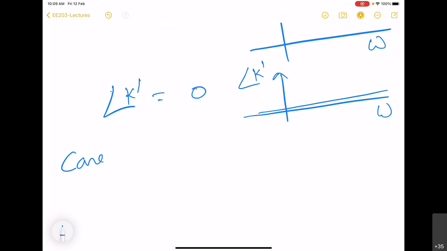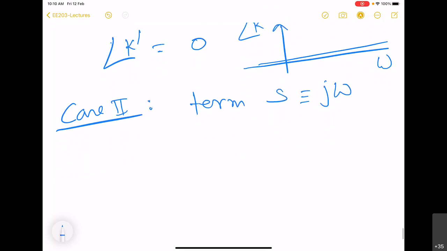Now case 2. Here we have a term like S, that means this is equivalent to j omega. If we have this type of term, then what will be the magnitude and phase plot?